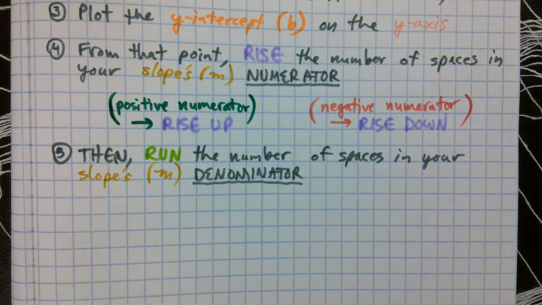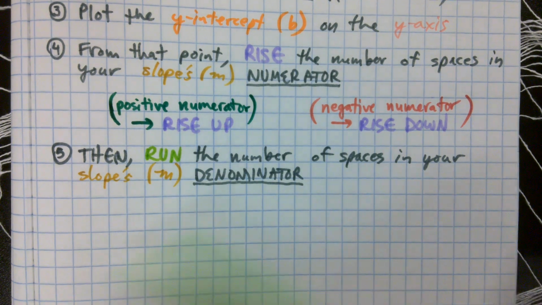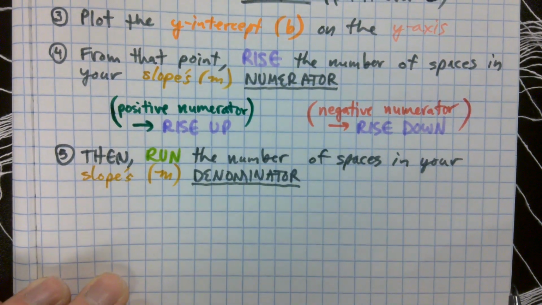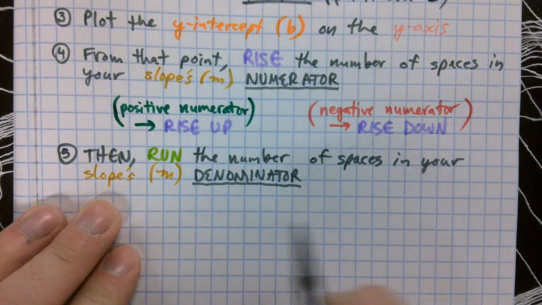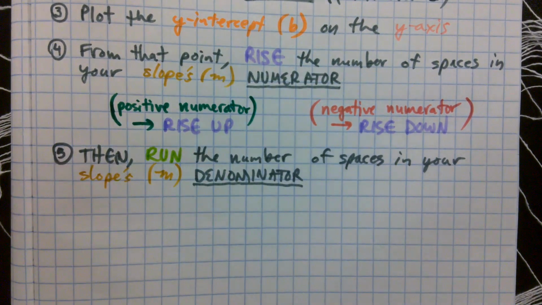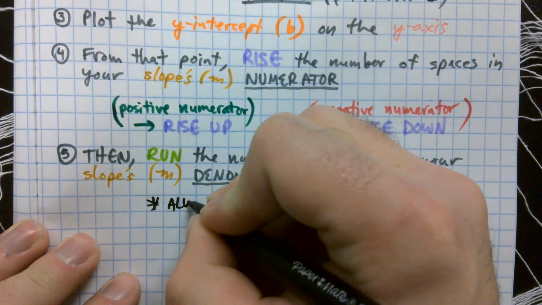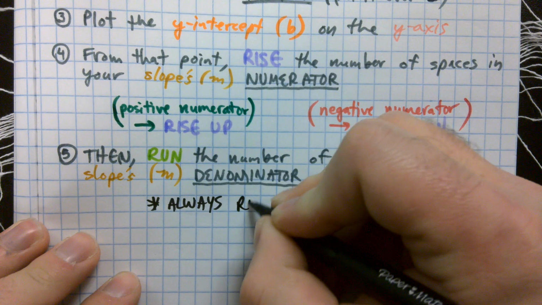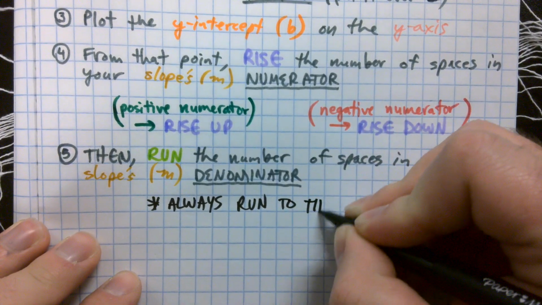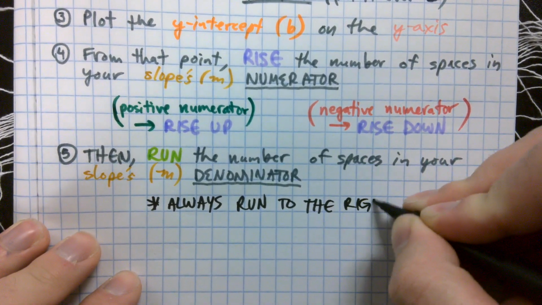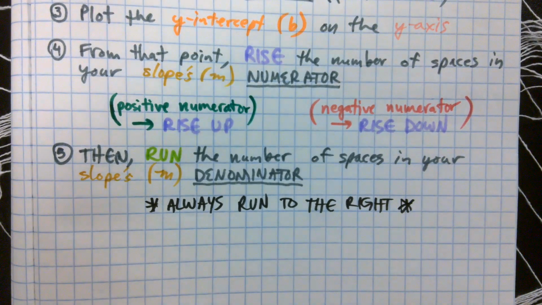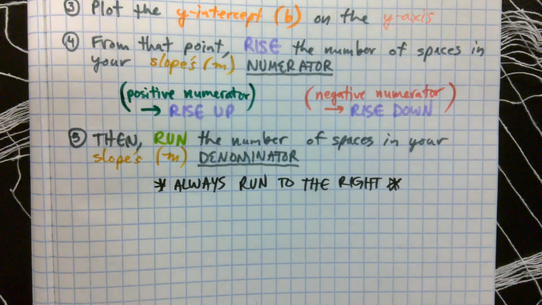If our slope is negative 3 over 5, we're going to rise down 3 and over 5.